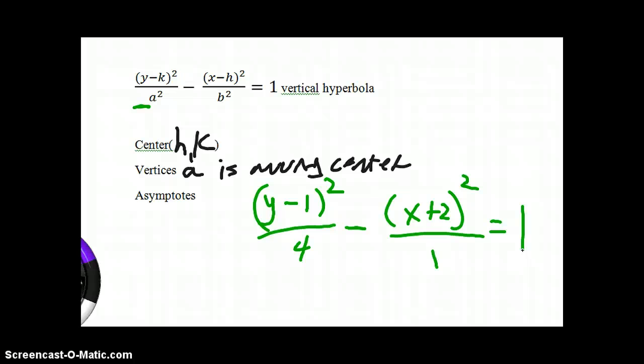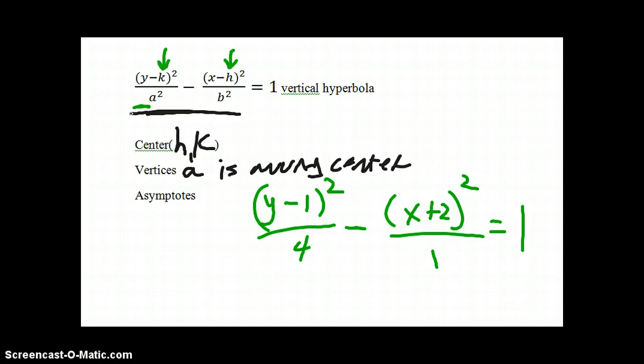So let's identify the center first off. So the center of this will be HK. Now notice that the H goes with the X and the K goes with the Y. That's how it's always been. But it looks switched when we have our positive and our negative values in our standard form.